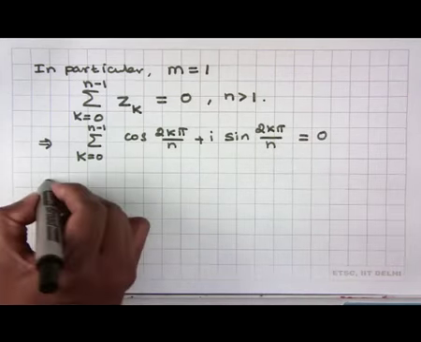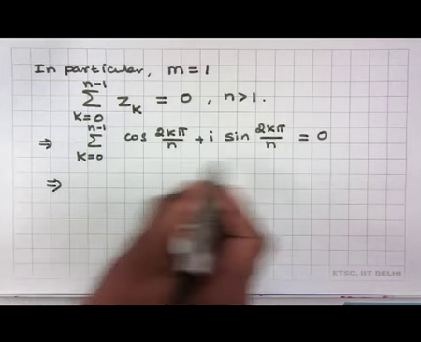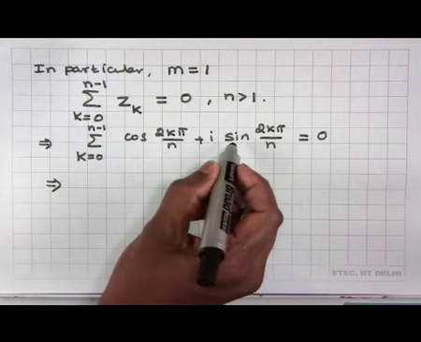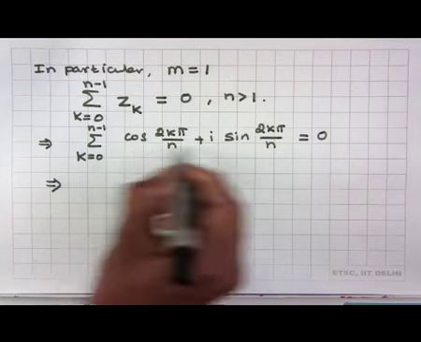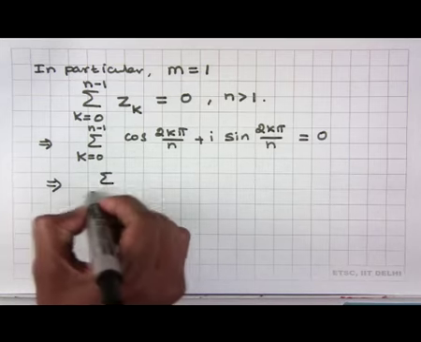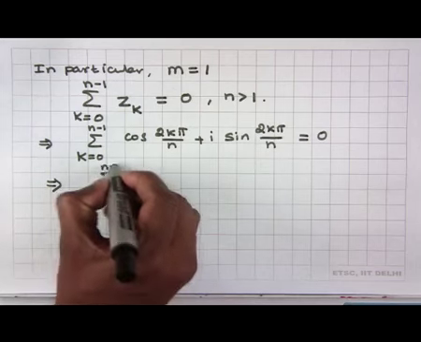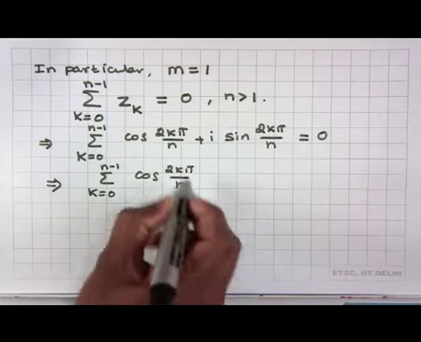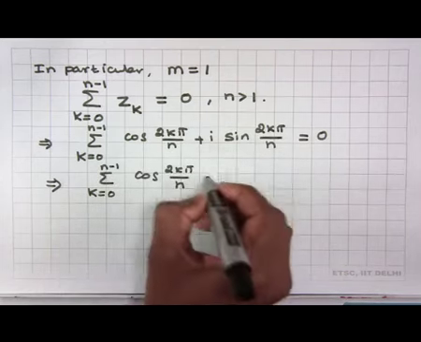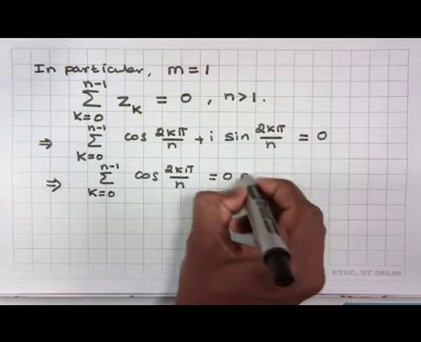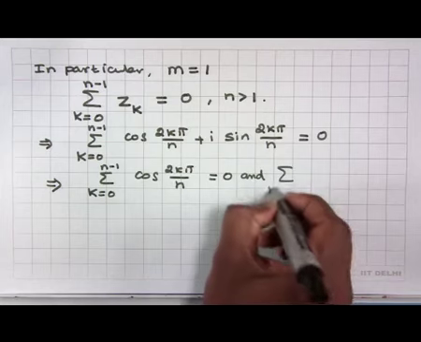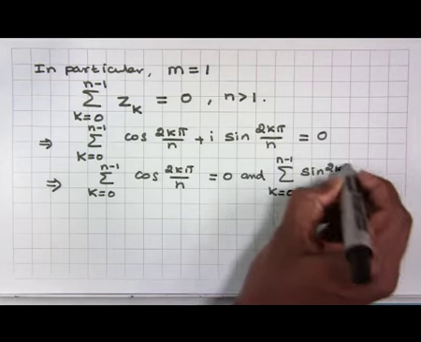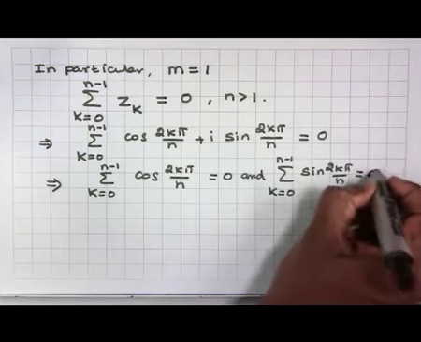And now we can easily see that the real part of this complex number is 0 and the imaginary part of the complex number is 0. Calculate the real part of this complex number, which is nothing but summation k equal to 0 to n minus 1 of cos of 2k pi by n, and this is 0, and the imaginary part, which is sin 2k pi by n, this is 0.